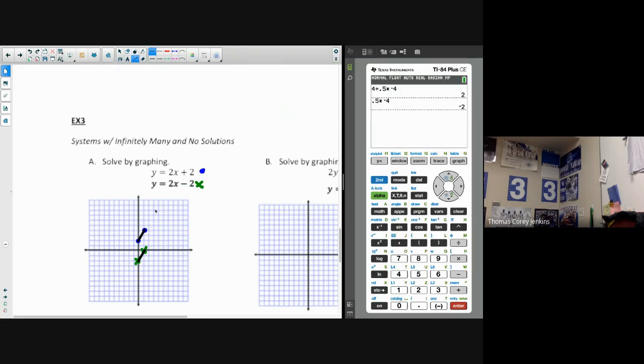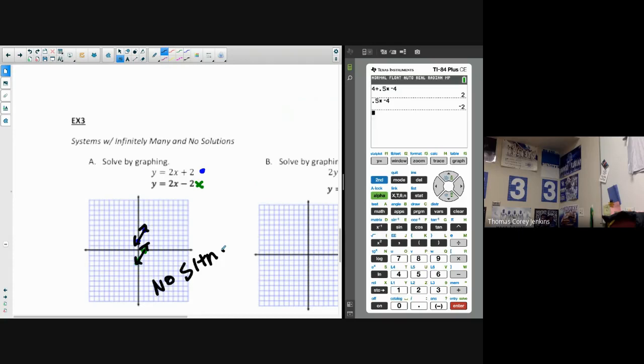So this would be an example of a system that has no solution, right? Because we're looking for that point of intersection. So if they're parallel, they're never going to cross. They have no solution, okay? And some of these math books use a different term.